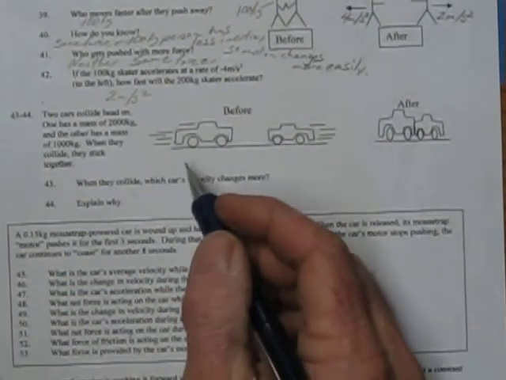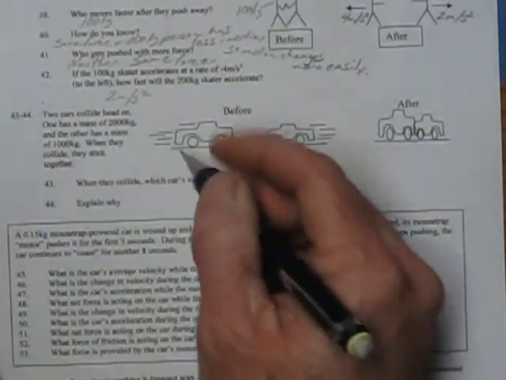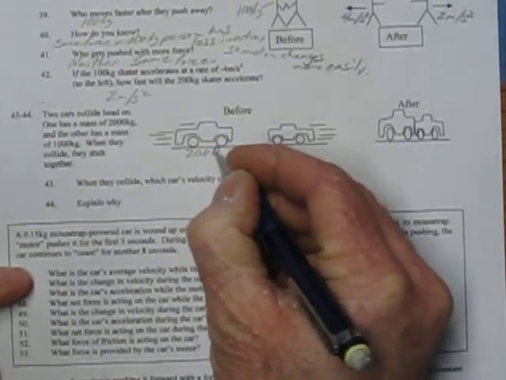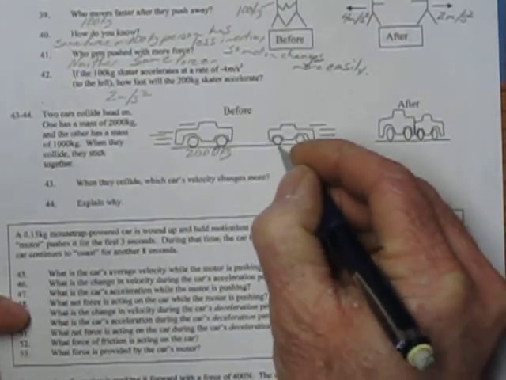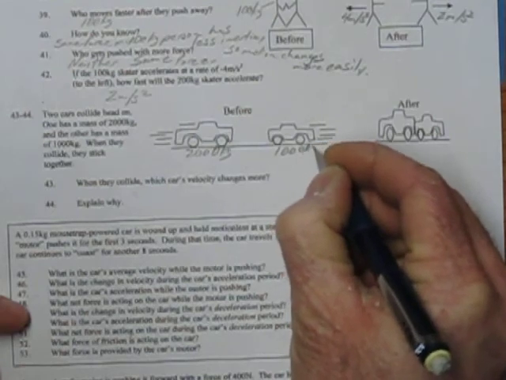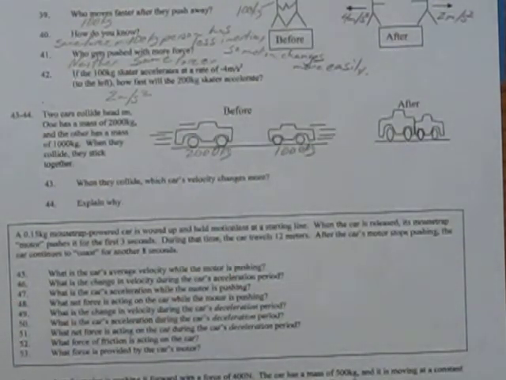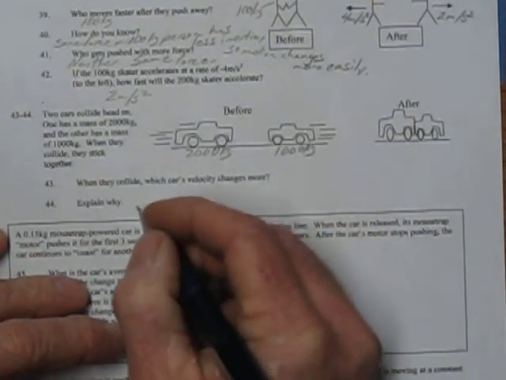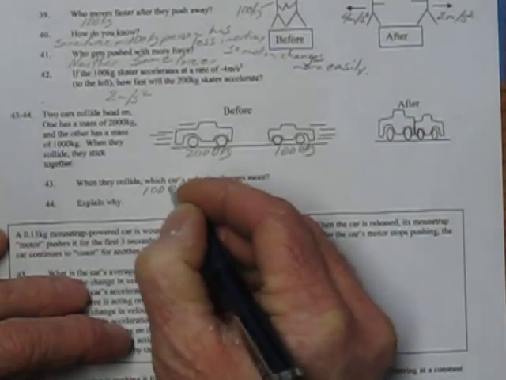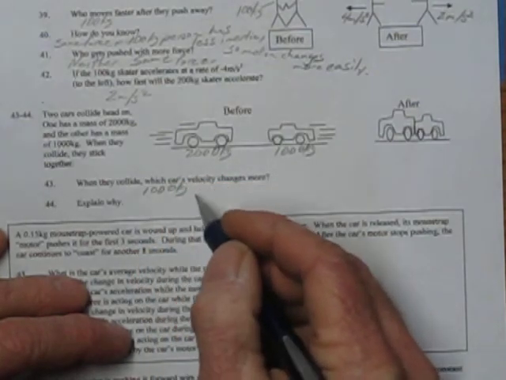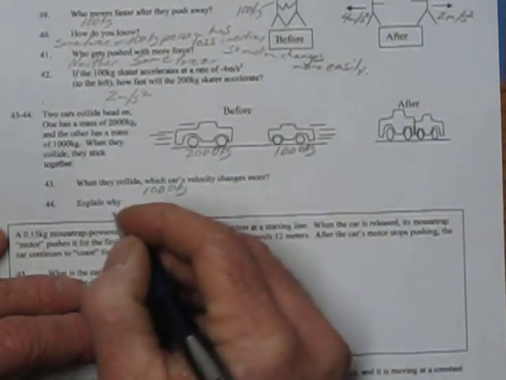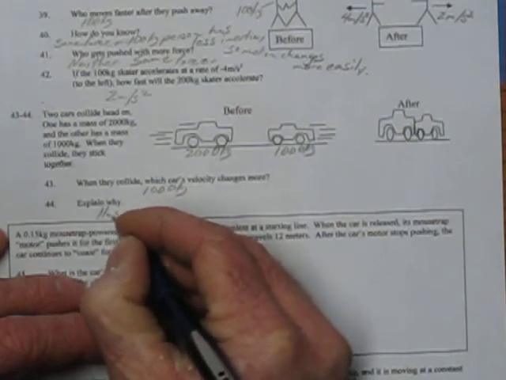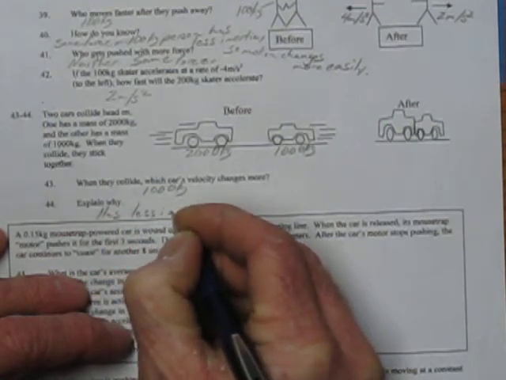43, two cars collide head-on. This is a 2,000 kilogram car. This is a 1,000 kilogram car. They crash into one another. They hit. When they collide, they stick together. Which car's velocity changes more? Well, the 1,000 kilogram car. And its velocity changes more because it has less inertia.